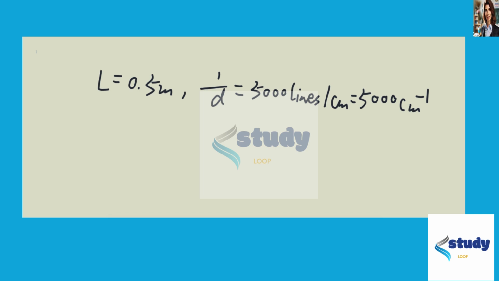So we can just leave the unit like that because the centimeter is the only one that matters. So 1 over D will turn into 5 times 10 to the power of 5 meter to the power of -1 because 1 centimeter is 10 to the -2 meter. And if you do some calculations based on this conversion here, you get something like this.